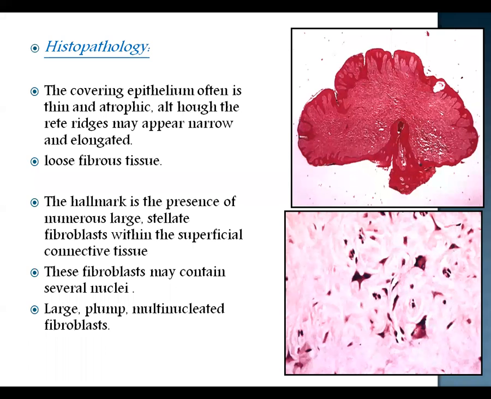Important finding: in giant cell fibroma you can see stellate reticulum-like fibroblast cells having several nuclei, large plump multinucleated fibroblasts. This is the important finding regarding giant cell fibroma. That's why the name is given as giant cell.